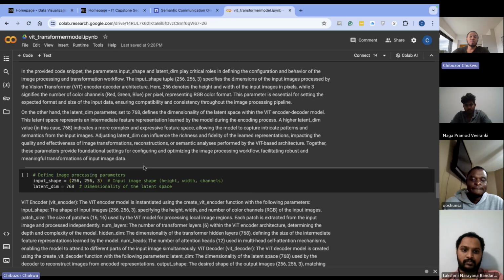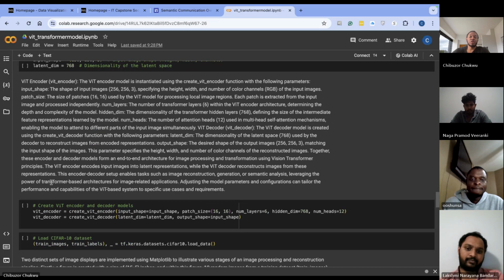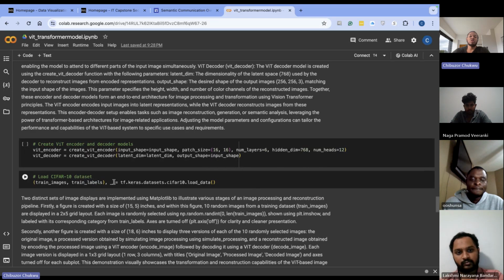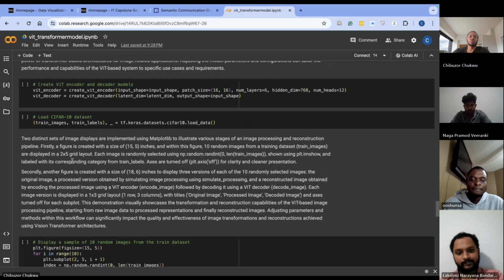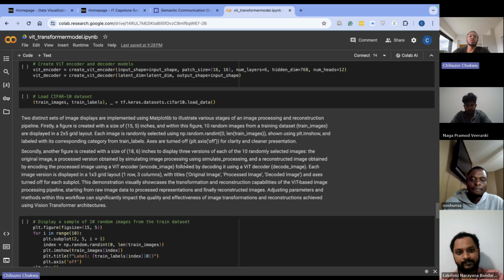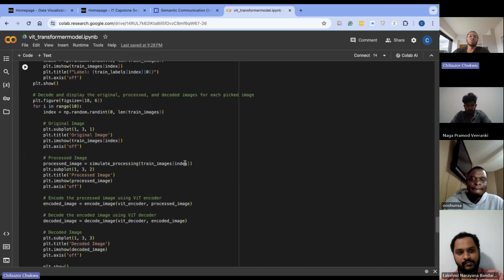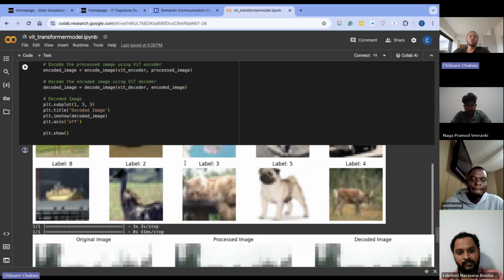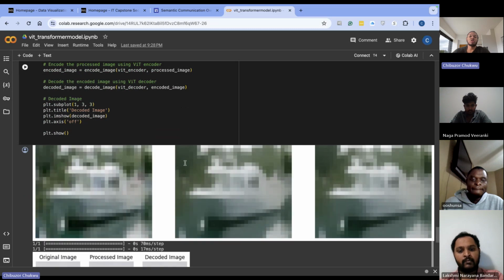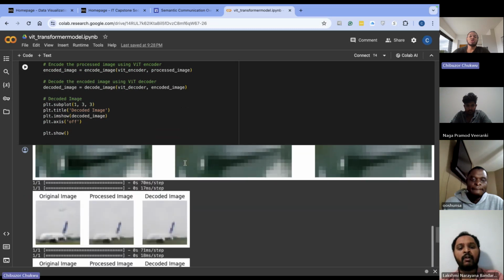We define the different parameters as well, and then we create our model. Then we load the dataset with the different parameters, and we show the original images and then the decoded images as well.